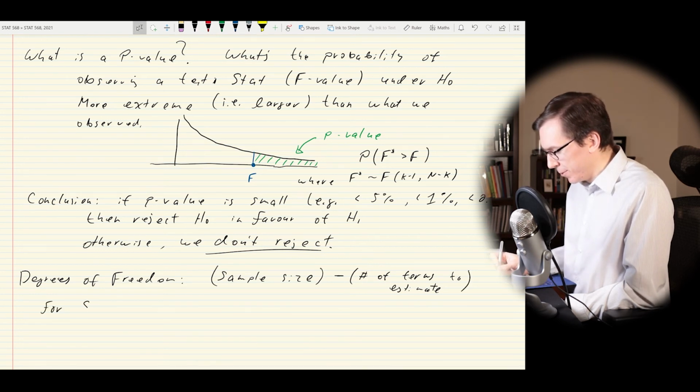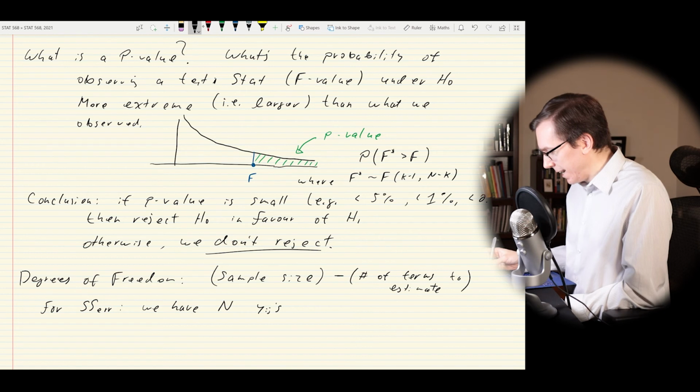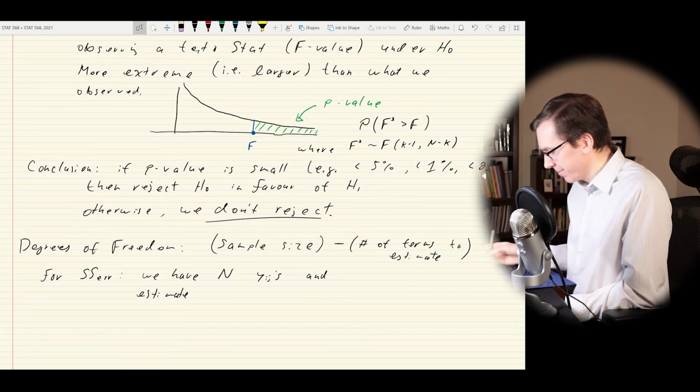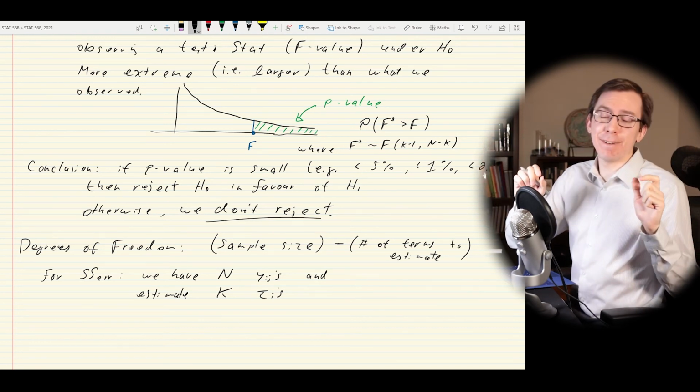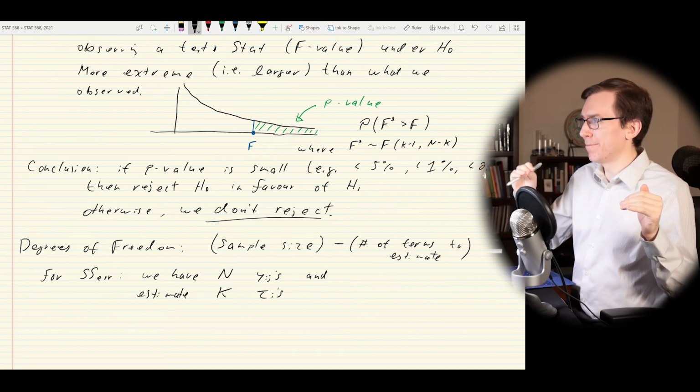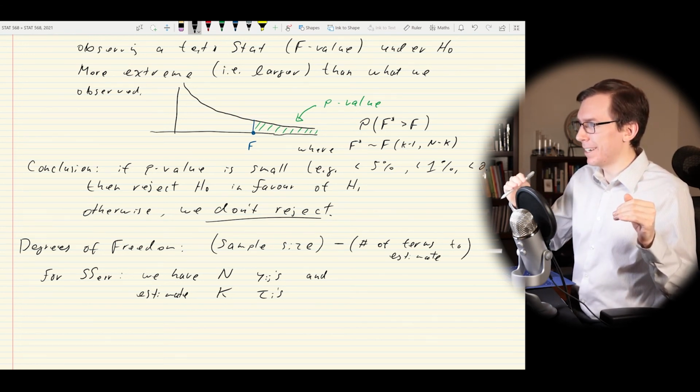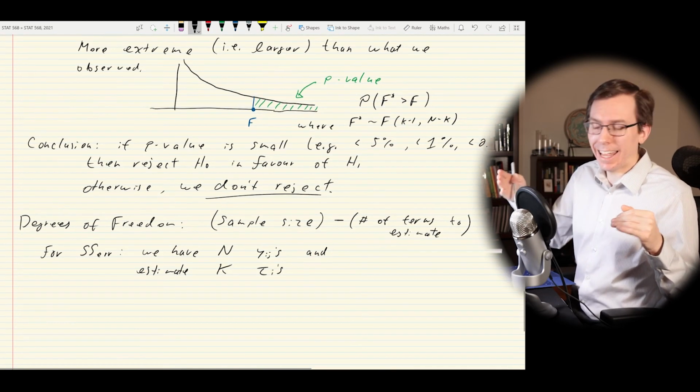For example, for the error sum of squares, we have capital N Yij's, and what we're doing is estimating k tau i's. So we have our giant sample of capital N data points, and we're estimating k different treatment effects for each of the k categories.